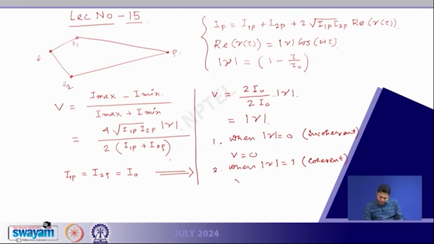Then V turns out to be 1, the visibility now has a maximum value. And finally, when mod of gamma is neither 0 nor 1, but in between, it is called partially coherent.